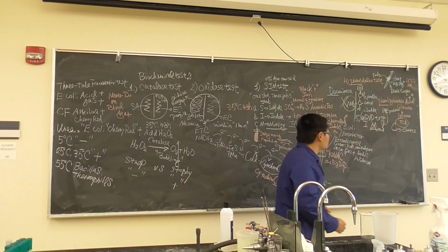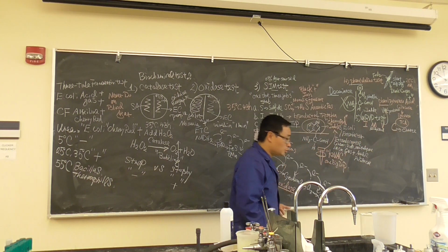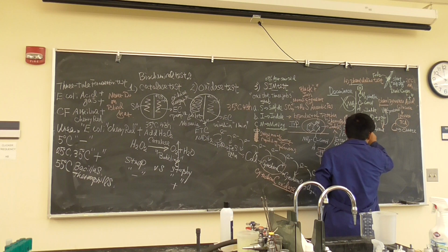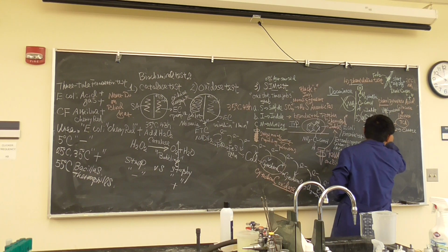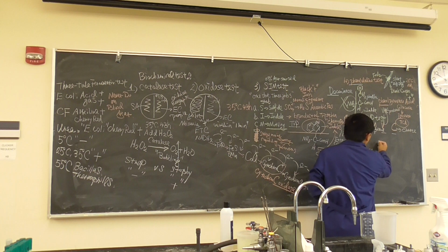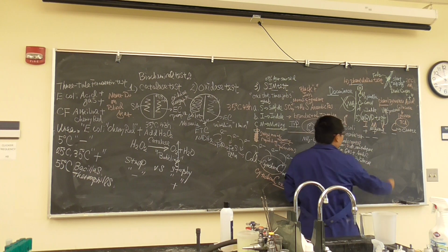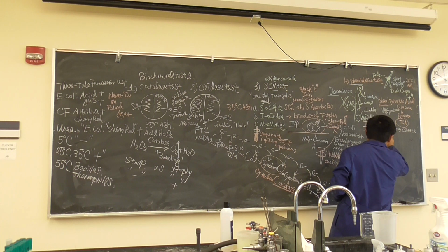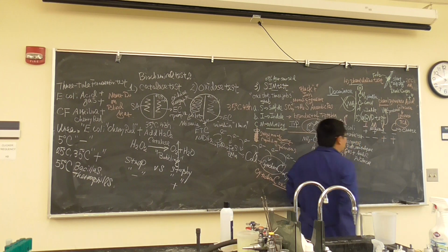Now, what do the results look like? E. coli is indole positive, methyl red positive, Voges-Proskauer test negative, citrate test negative. Enterobacter is indole negative, methyl red negative, Voges-Proskauer test positive, and citrate test positive.